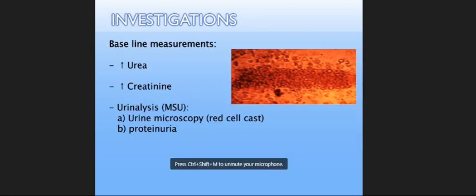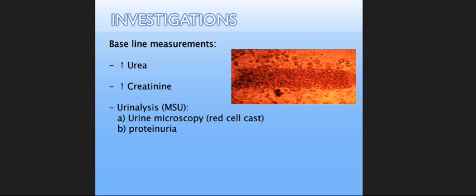If we go to investigations, we will find the following. Among the parameters of kidney dysfunction, urea and creatinine are increased. If you do urinalysis, midstream urinalysis, you will find under the microscope this shape, which is called red cell casts.